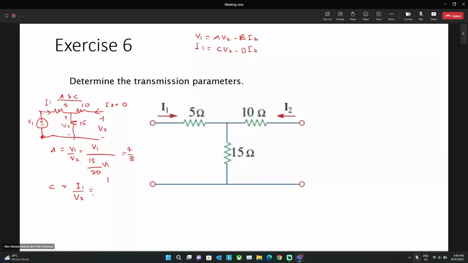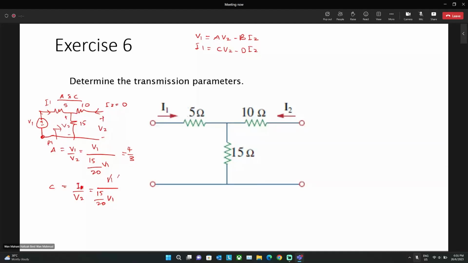I equals V over Z. Since we already have V2 in terms of V1, we take 15 over 20 V1, and we want I1 in terms of V1. So we find R total, and V over R total gives I1.